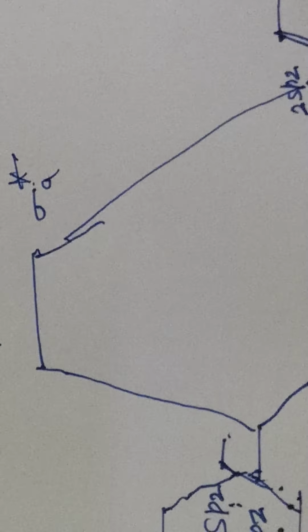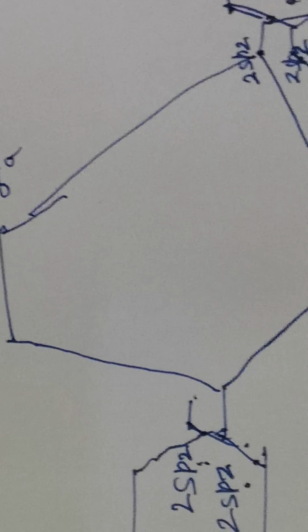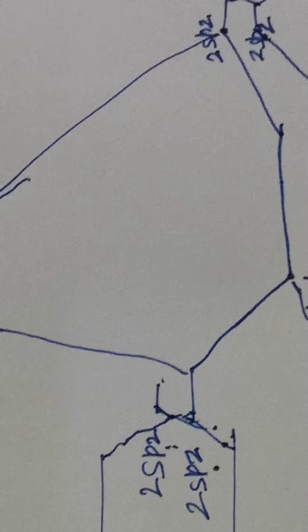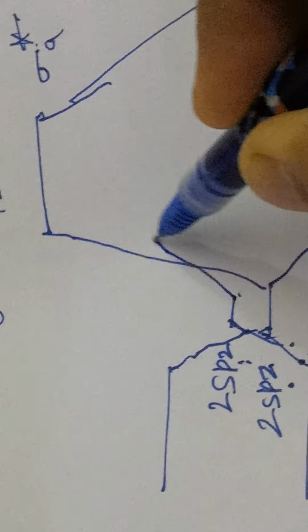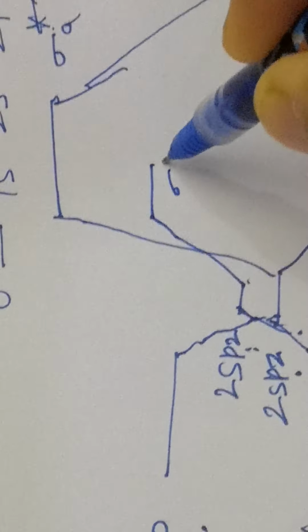The upper orbital of the carbon has no other orbitals to combine with, so this is also left as such, as a sigma non-bonding orbital.